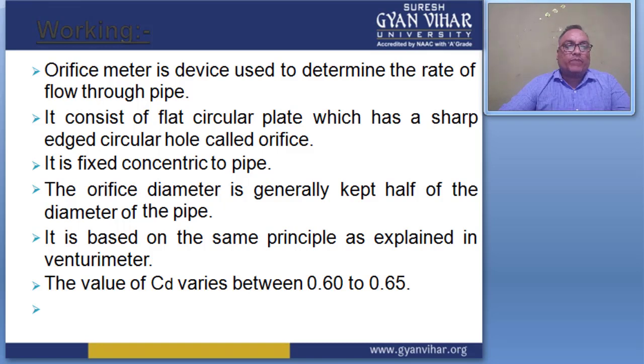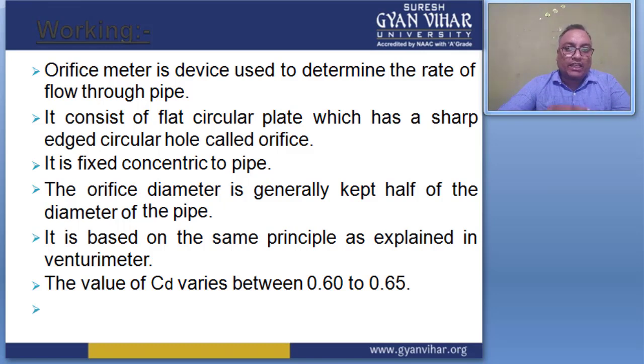It is based on the same principle as explained for the venturimeter, and the value of Cd varies between 0.6 and 0.65, which is the coefficient of discharge for the orifice meter, right?